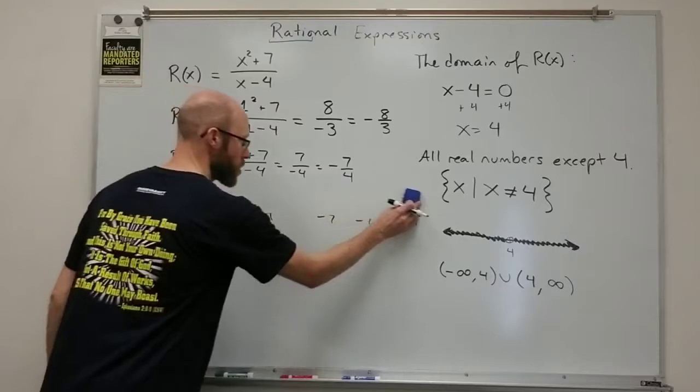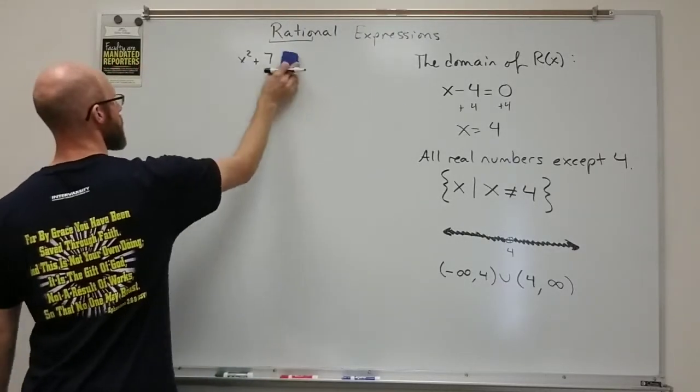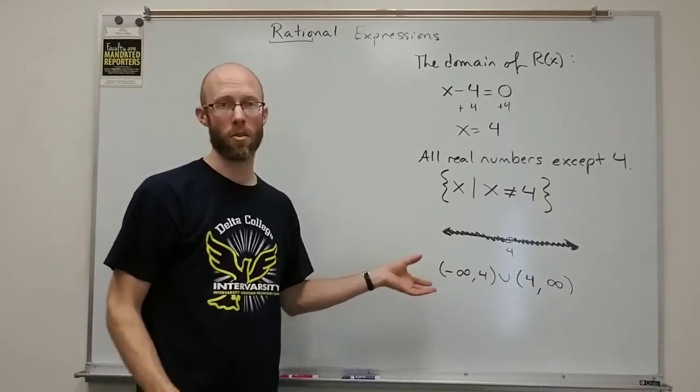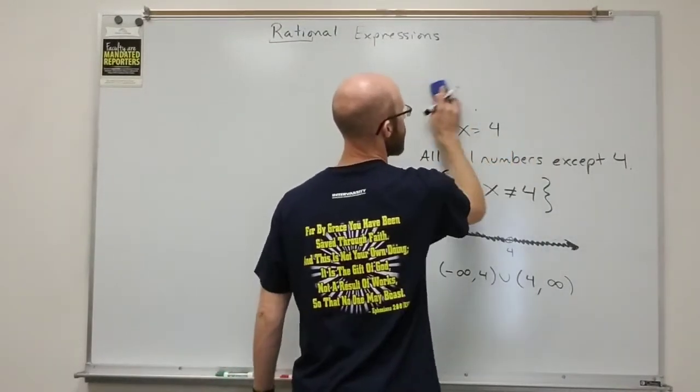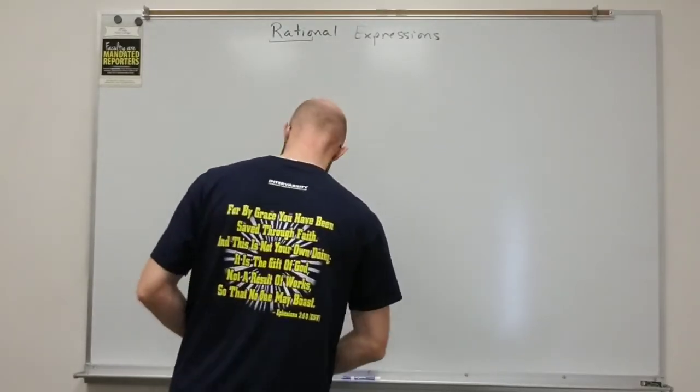Now, if I change the function up, I could get some more complicated denominators, and that will create more complicated domains, or more numbers potentially to pull out.